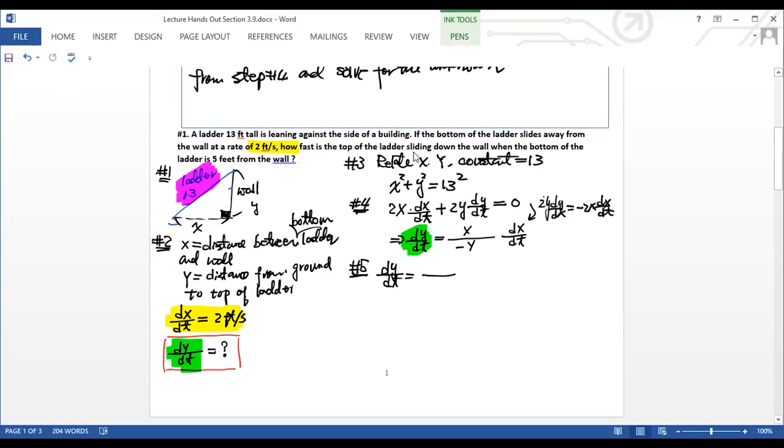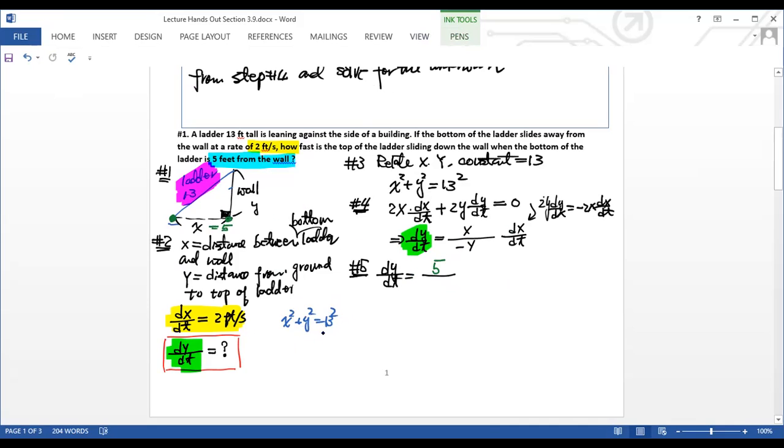Take a look here: when the bottom of the ladder is 5 feet from the wall. The bottom of the ladder, from here to here, is 5, so my x is 5. If x is 5, what is y? Because the ladder is fixed, x squared plus y squared equals 13 squared.